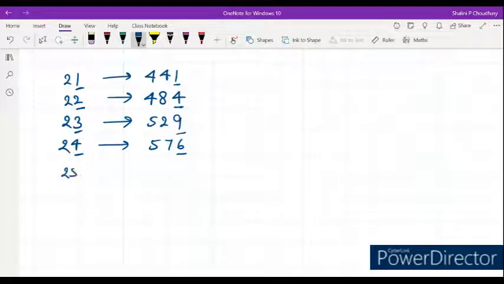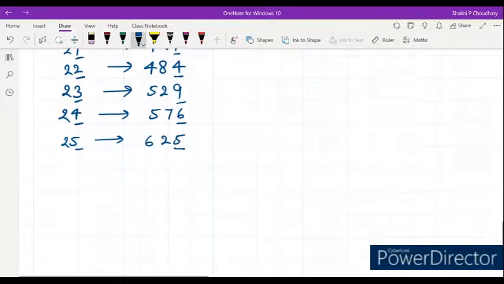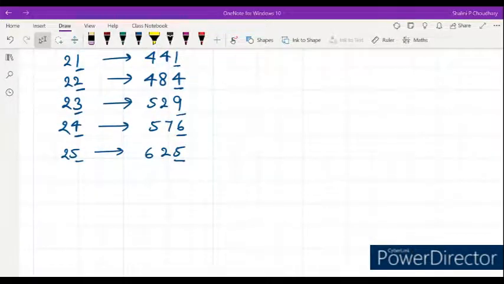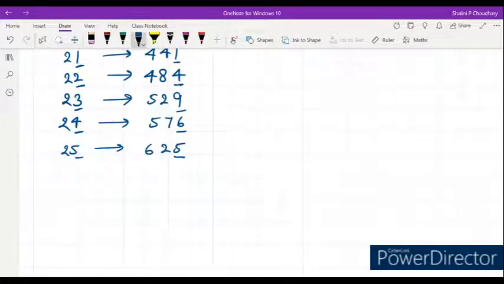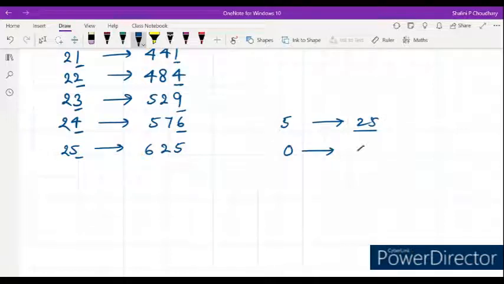Now 25. Score of 25 is 625. Ends with 5. Okay, any number that ends with 5, the score will end with 25. Okay, and any number that ends with 0, the score will end with 00.